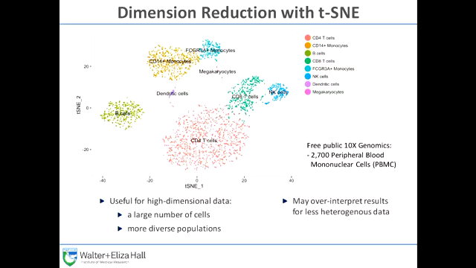So this is another version, another data set, also blood cells, so PBMCs, almost 3,000 here, produced from the 10x Genomics platform. And if you've encountered PBMCs before, then you'll see familiar cell types here. So we have a couple of different types of T cells present, natural killer cells, dendritic cells, megakaryocytes, monocytes here, a different type of monocytes over here, and the B cells distinctly over here.